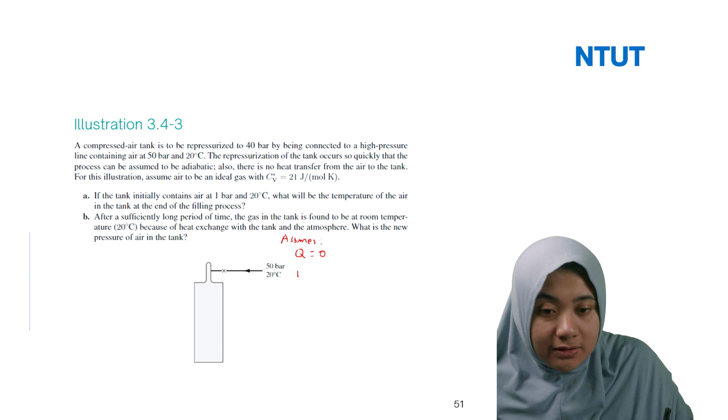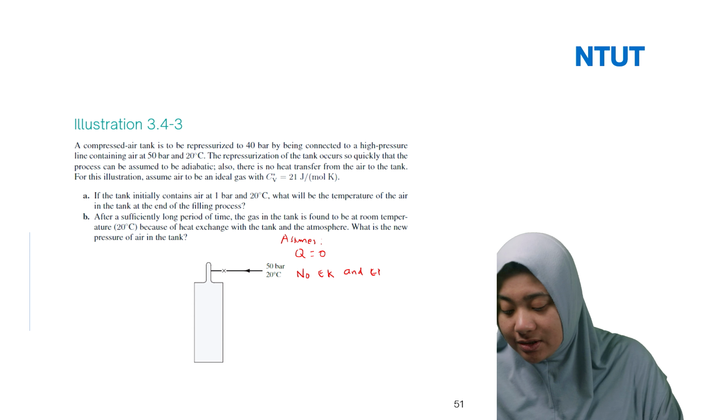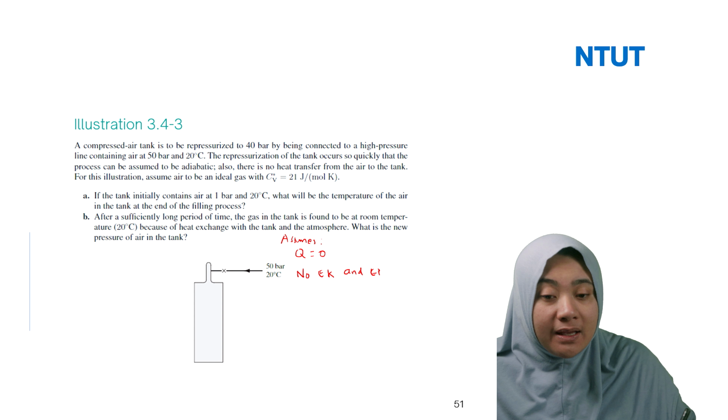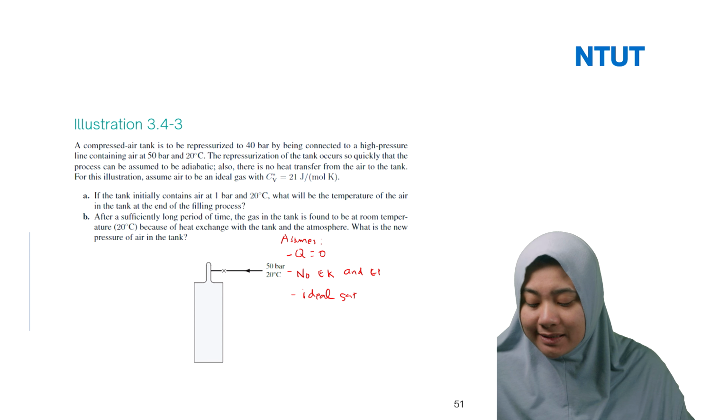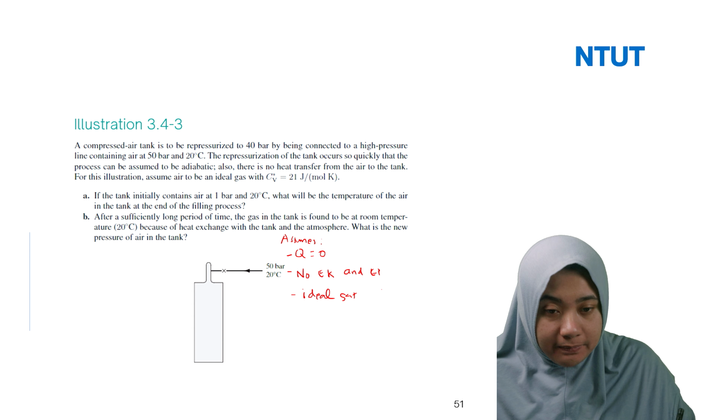Then what else? No kinetic energy and potential energy like before. So when we go to the energy balance, you can assume that these are neglected, and you can consider this to be an ideal gas. It's just to simplify the problem.